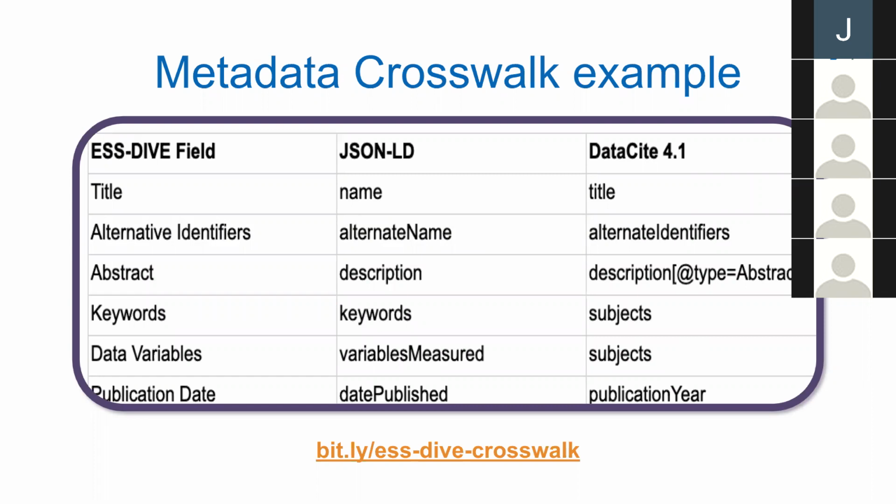The crosswalk allows users to get a better understanding of the relationship between the ESS-DIVE JSON-LD schema and the ESS-DIVE metadata through the web form. This crosswalk also, as you can see in this image, includes other metadata languages, including FGDC, DataCite, and EML.